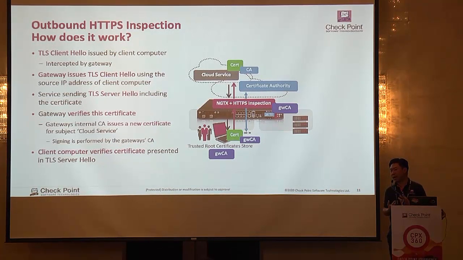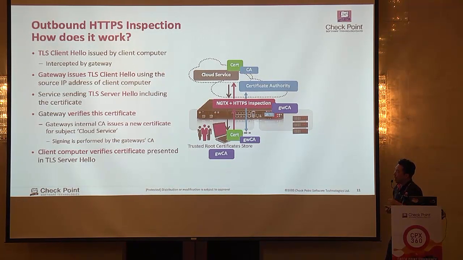Because if you look at the article, there's a way to bypass the SNI, just by manipulating the web browser. Some of our competitors just inspect the SNI field, so there is a way to bypass the category matching. But this is patented technology from Checkpoint. We look into the SNI field as well as the common name from the server hello, compare them, and then determine if the categorization is correct.